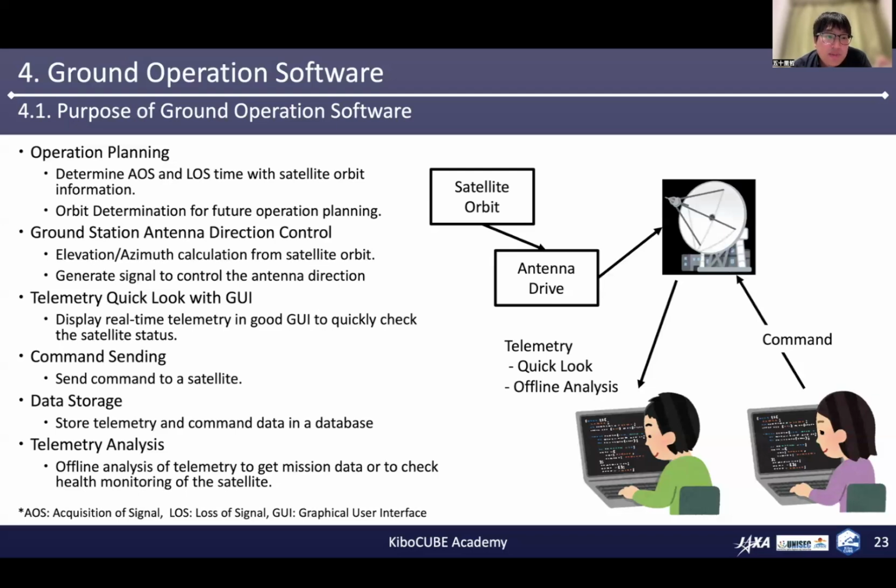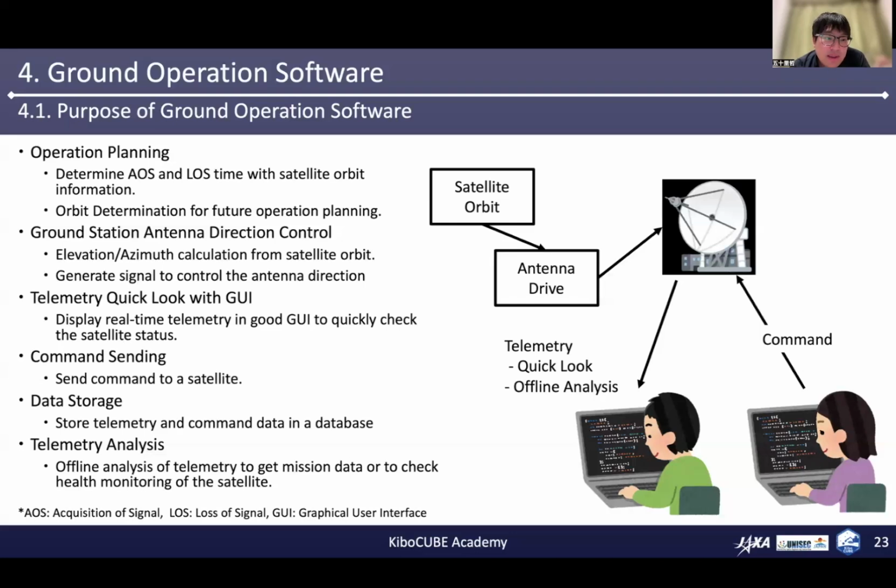We need to display the real-time telemetry in a good GUI to quickly check the satellite status. Of course, we need the command sending system to send commands to the satellite. And we need the data storage system that stores telemetry and command data in the database.